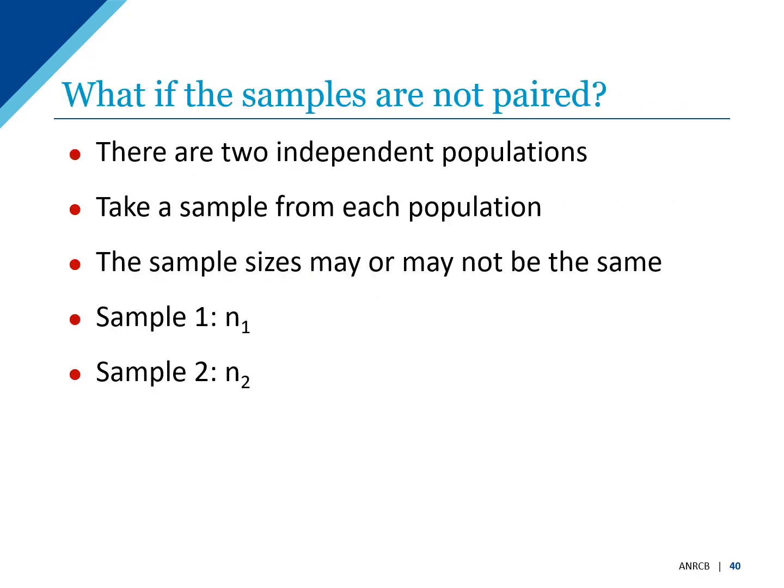In the previous slides, we discussed how to perform a paired t-test for paired samples. In practice, more often we are given a sample from each of two independent populations of interest. The sample sizes may or may not be the same. We'll call the sample size of the first sample n1 and of the second sample n2.